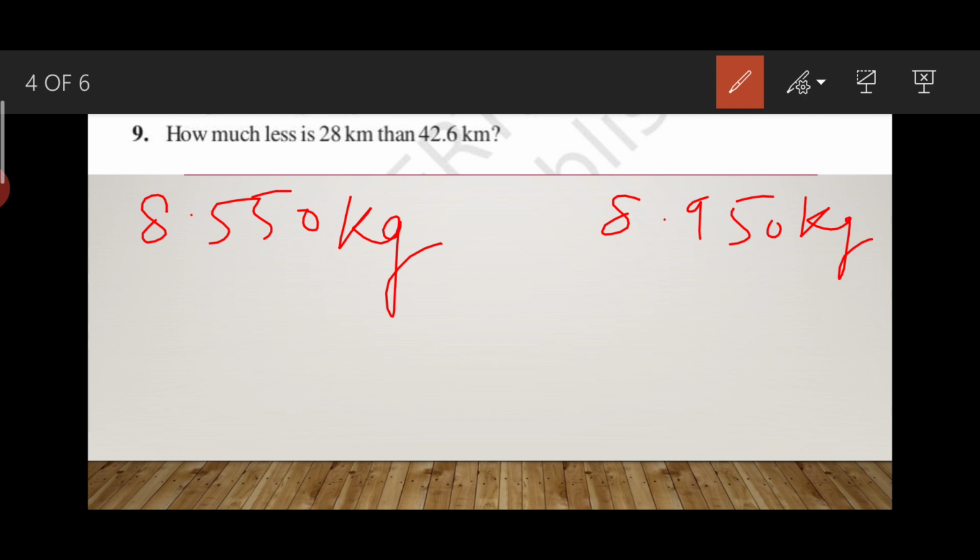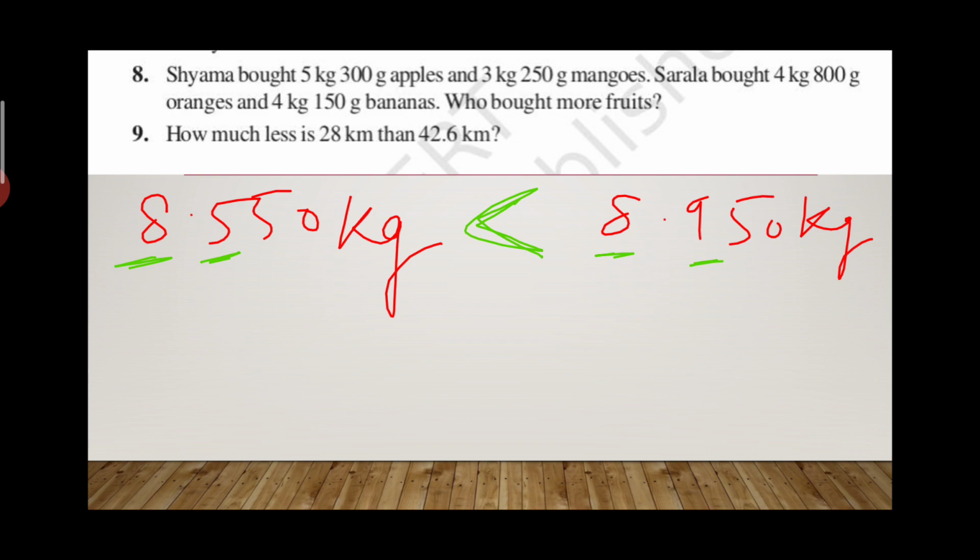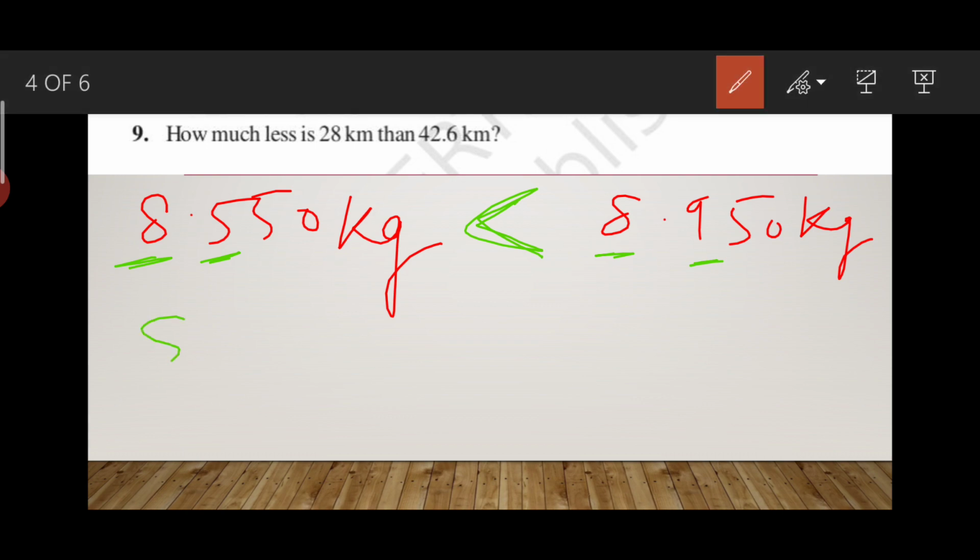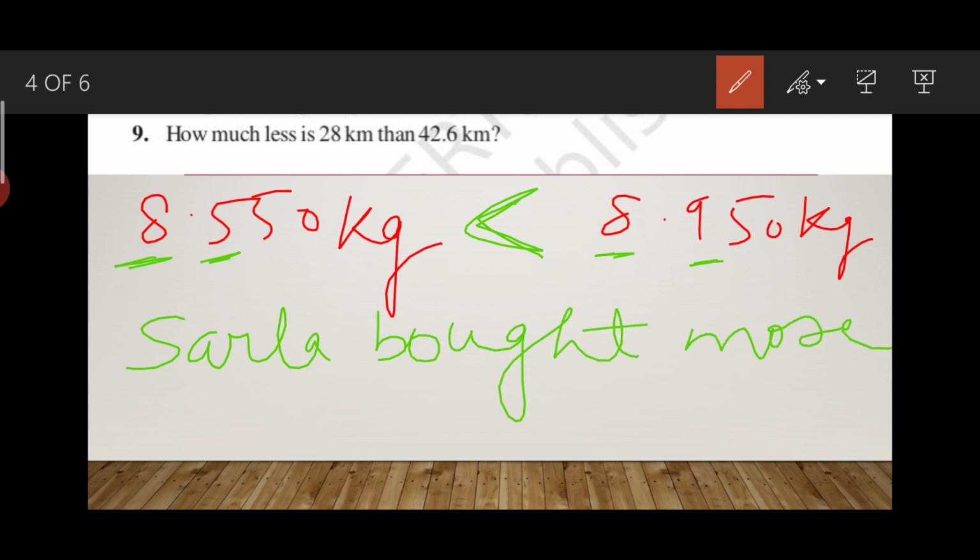First of all, you have to compare the first value before decimal. Both values are same, so you will move to the next value after decimal. You can see here it is 5, here it is 9. Out of 5 and 9, which is greater? 9 is greater, so we can say that this is greater. So we can say that Sarla bought more fruits.